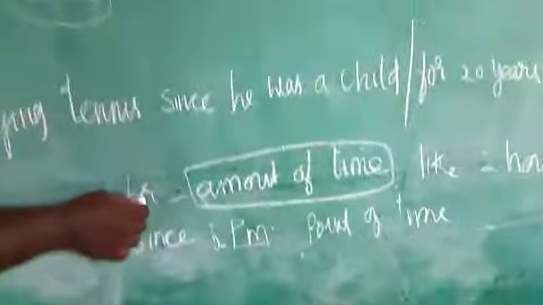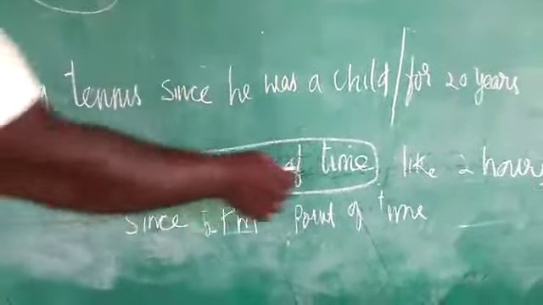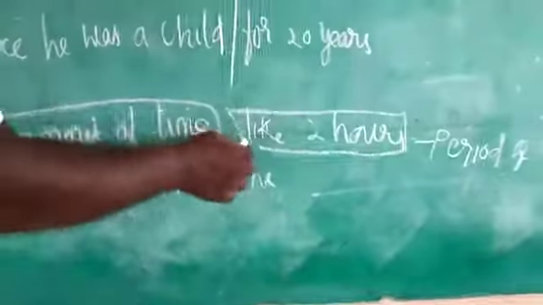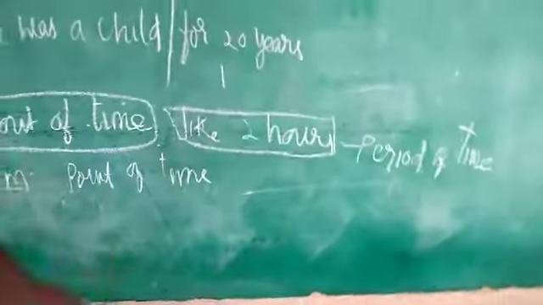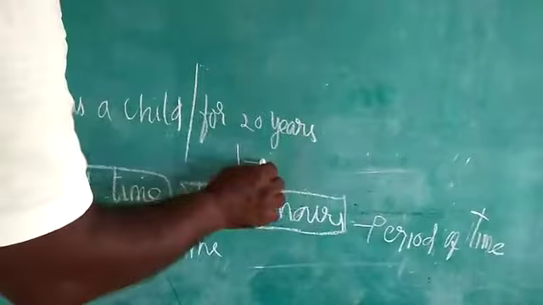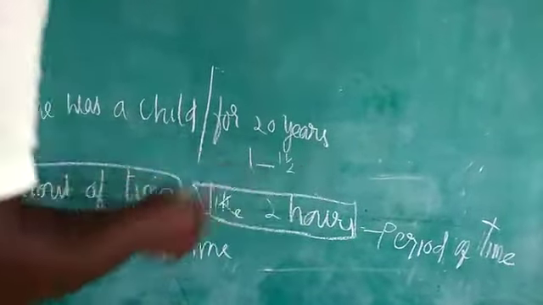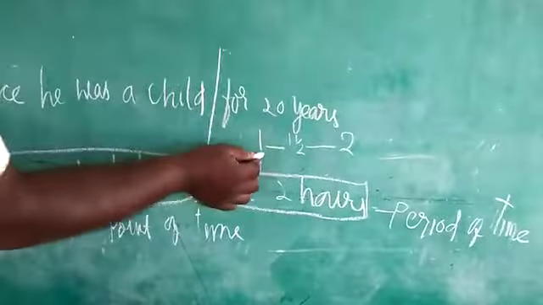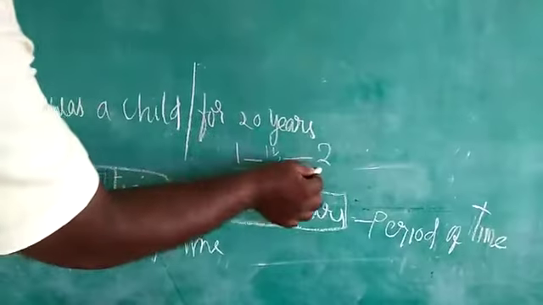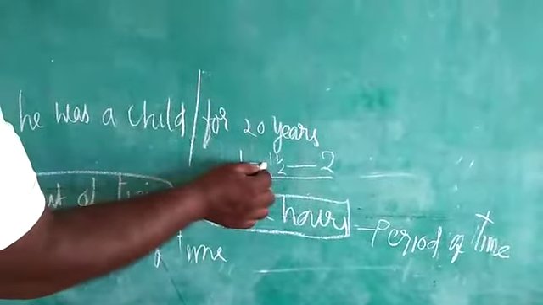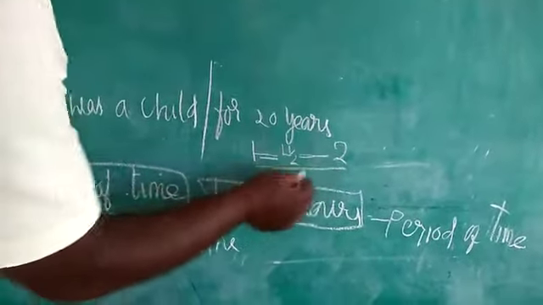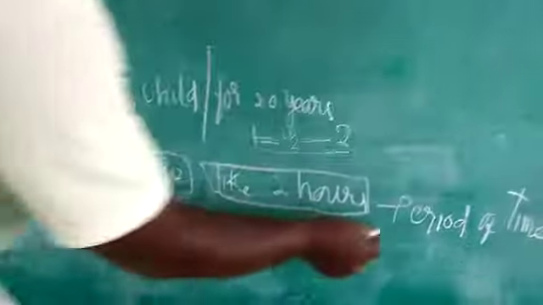Whenever there is a for in the sentence, it tells the amount of time, like 2 hours. 2 hours means 1 hour, then 1.5 hours, then some more time and 2 hours. This is called a period of time.